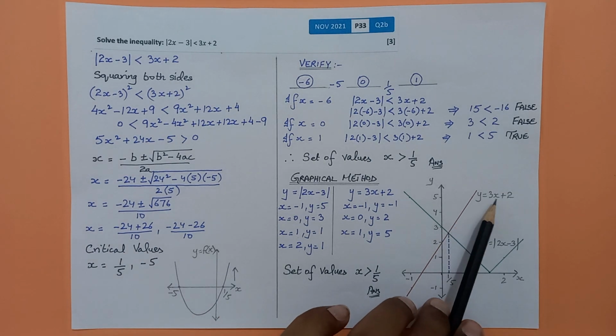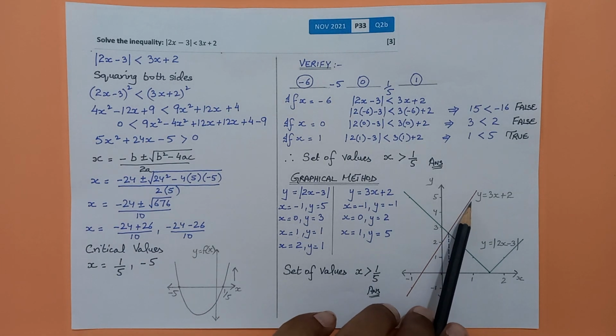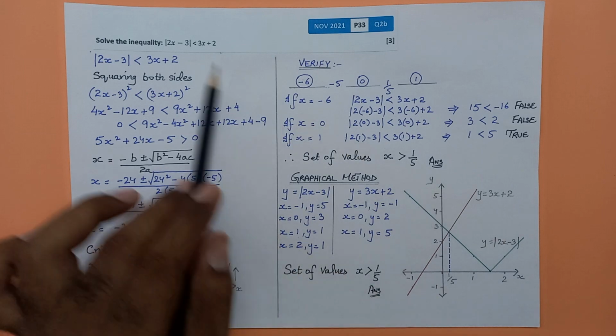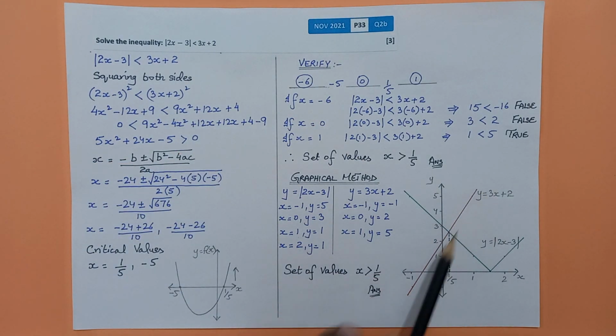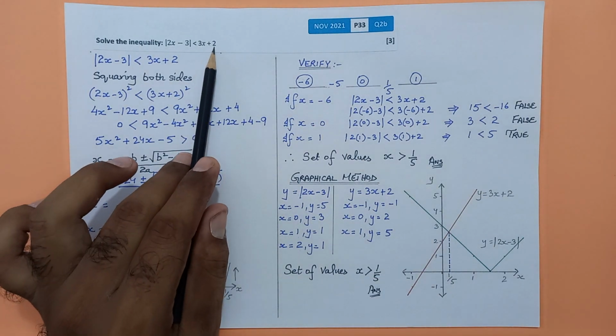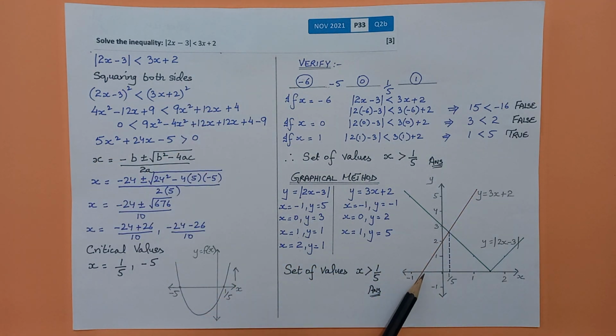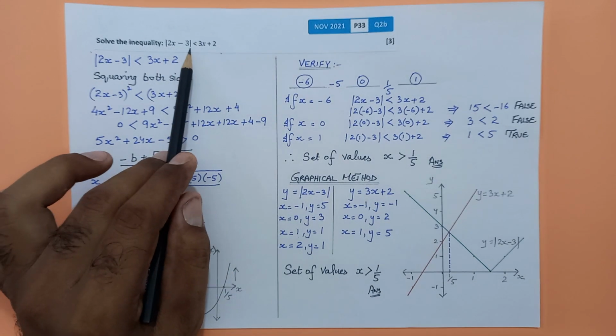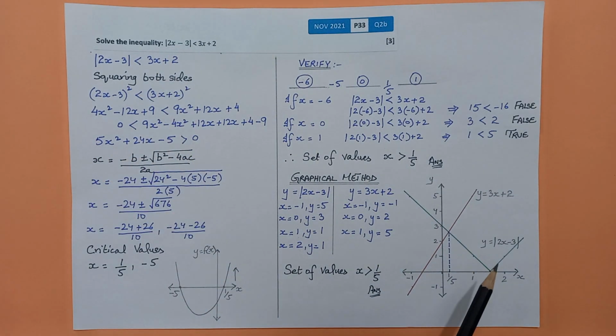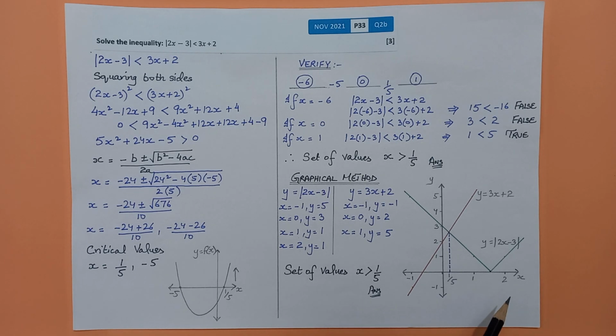This red line is basically the graph of y equals 3x plus 2. Definitely, because it doesn't contain a modulus sign, the graph is going below the x-axis. But this is 2x minus 3 with a modulus sign, and we know that the modulus is never negative. It is always positive. The minimum value a modulus could have is 0.